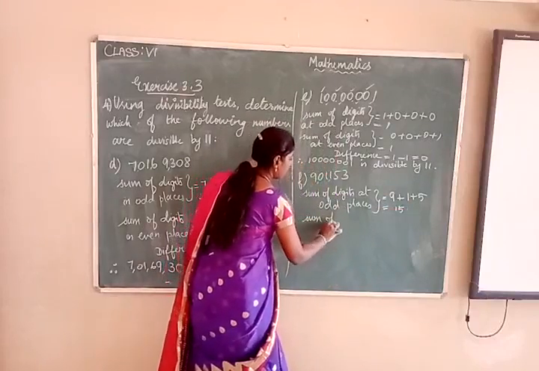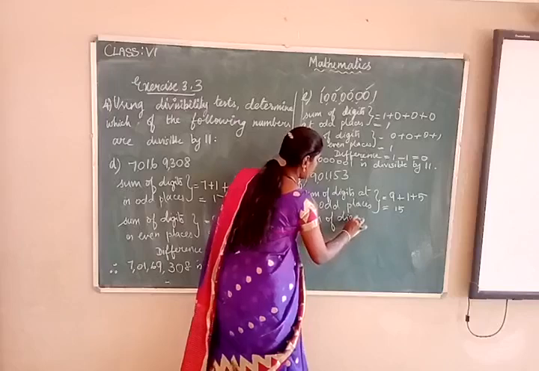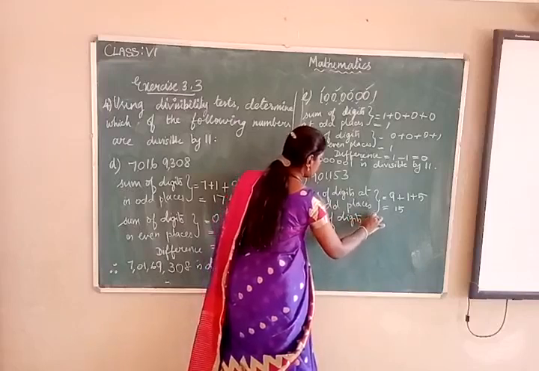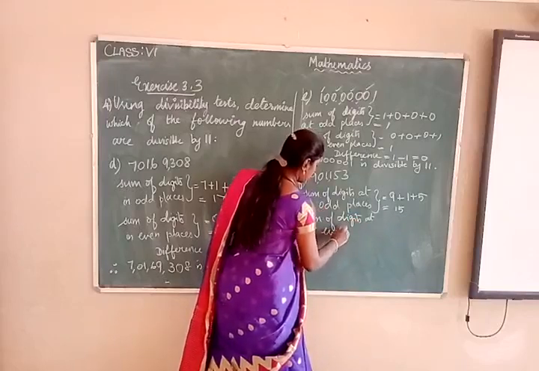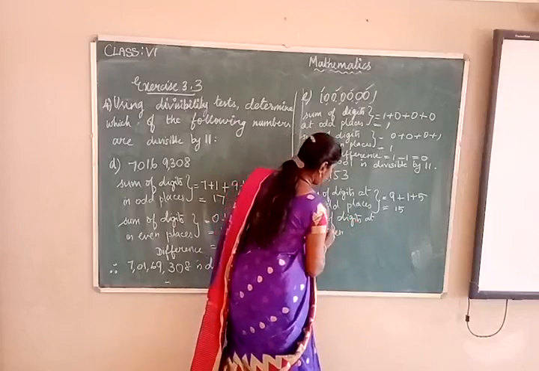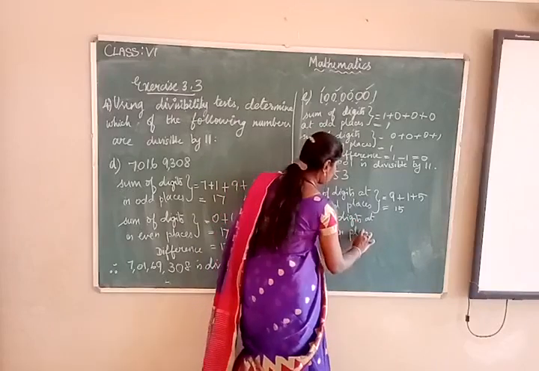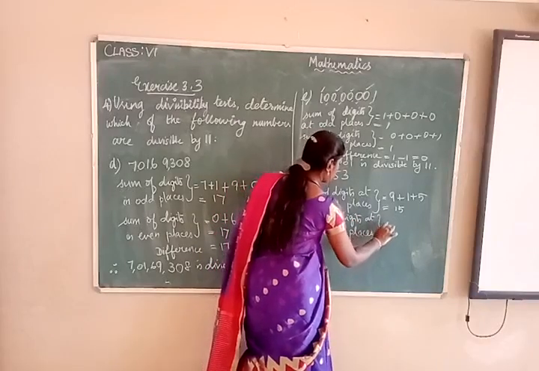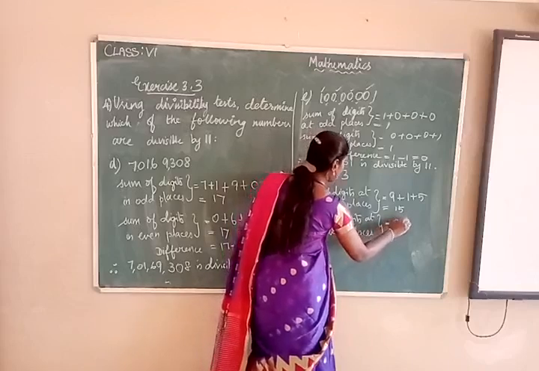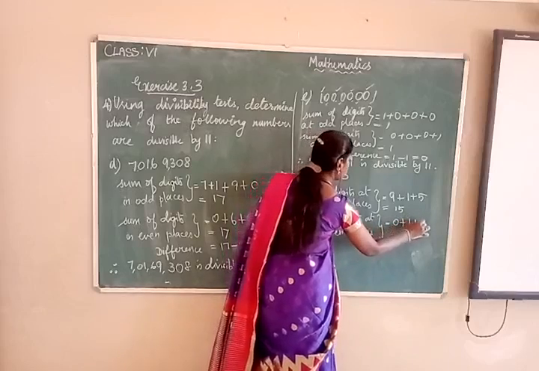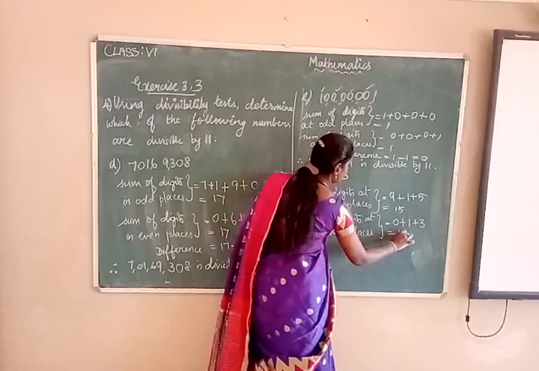Sum of digits at even places. So what is that? 0 plus 1 plus 3. That is 4.